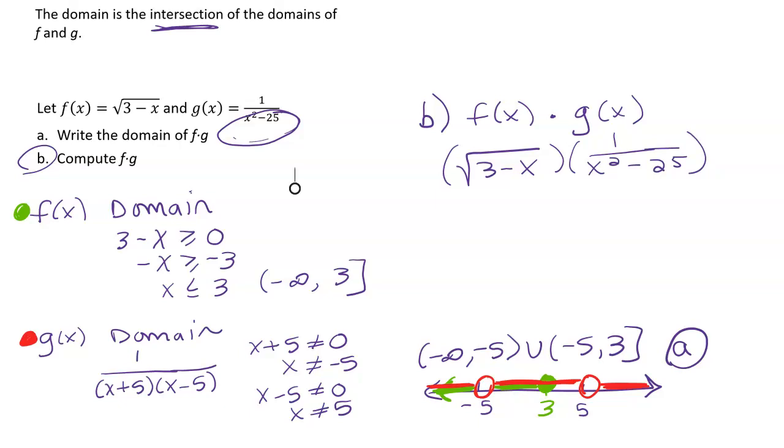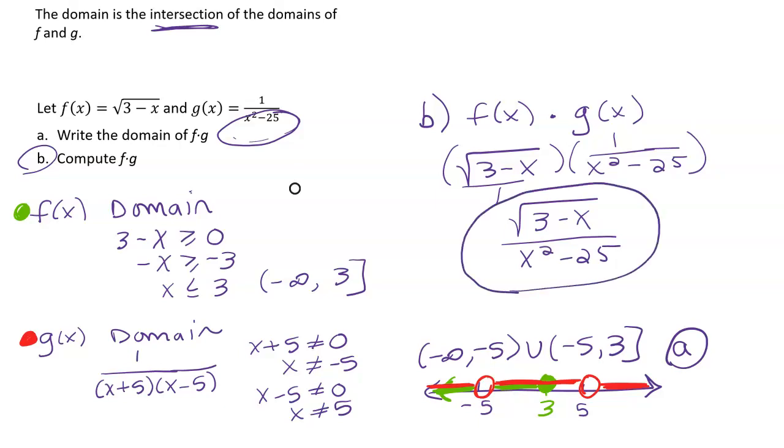When you multiply these two functions, you can think about this as being over 1. And you multiply numerator times numerator, which will just give you square root of 3 minus x, and denominator times denominator, which will give you the x squared minus 25. And you would do any simplifying if applicable, but nothing will simplify for this one, so this is our answer.